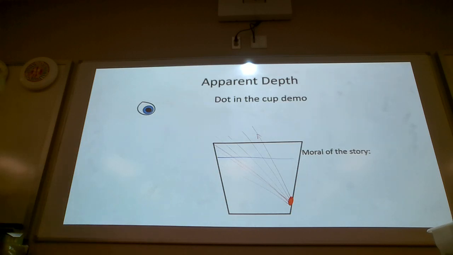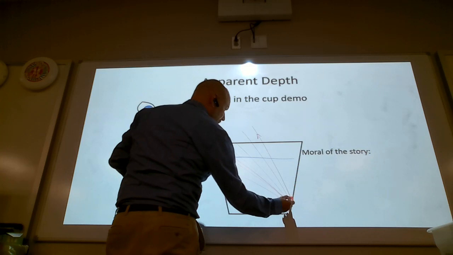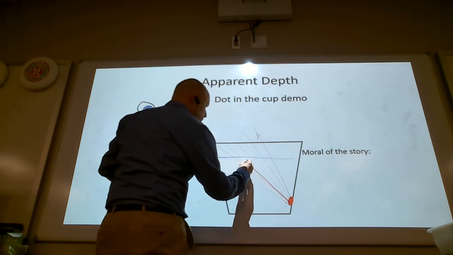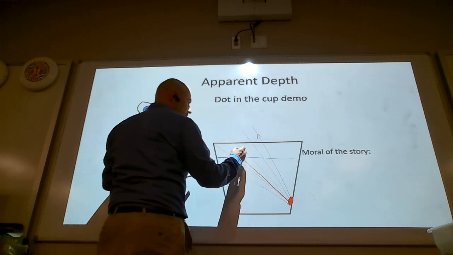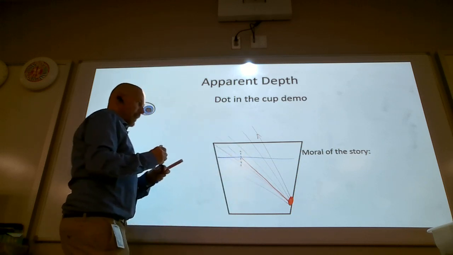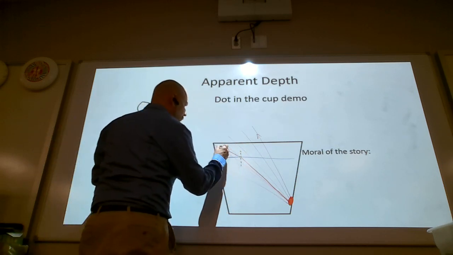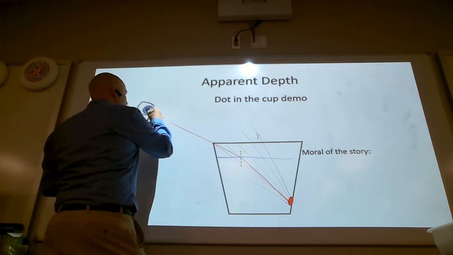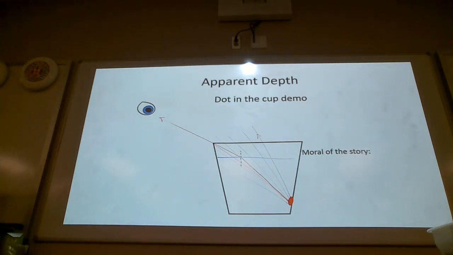Away from the normal line. So this ray, instead of going straight through, here's our normal line. It's going to bend away from the normal line into your eyeball. And you can see it. Good with that?